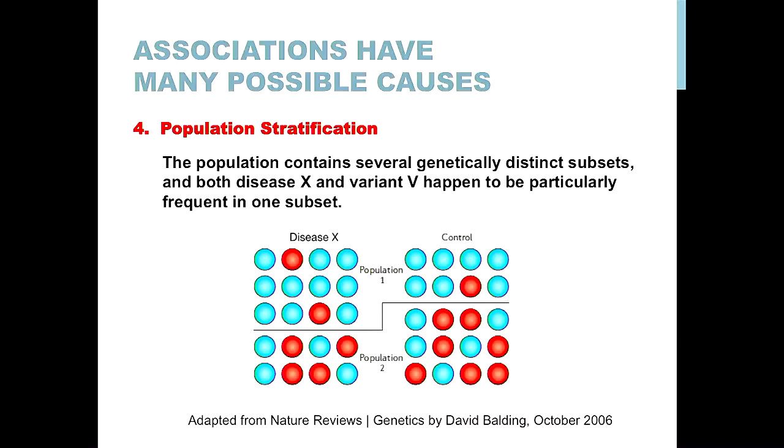In this picture, it's 13 versus 12 out of 20 for both groups. However, the association only occurs because there are so many more blue variants in population 1 compared to population 2. So there are 17 versus 9 out of 20 for both groups.